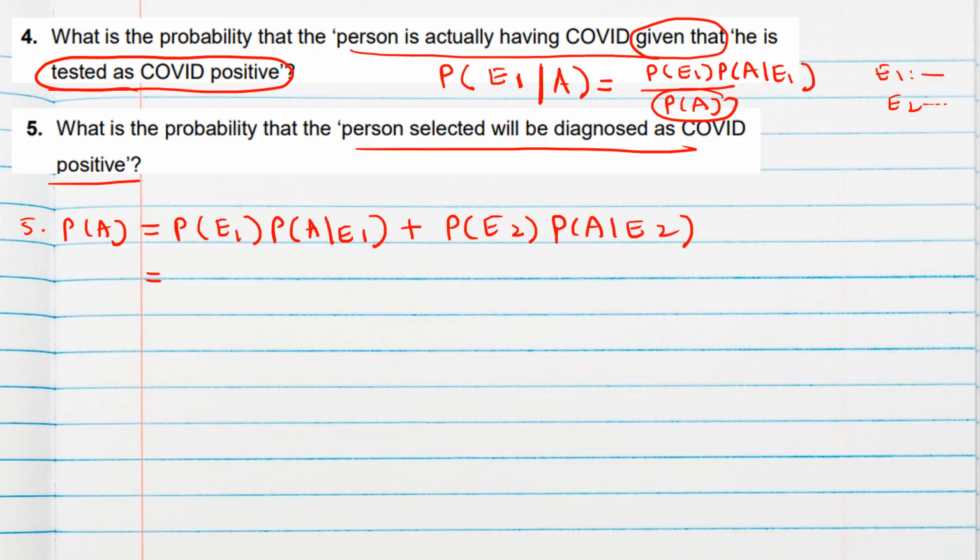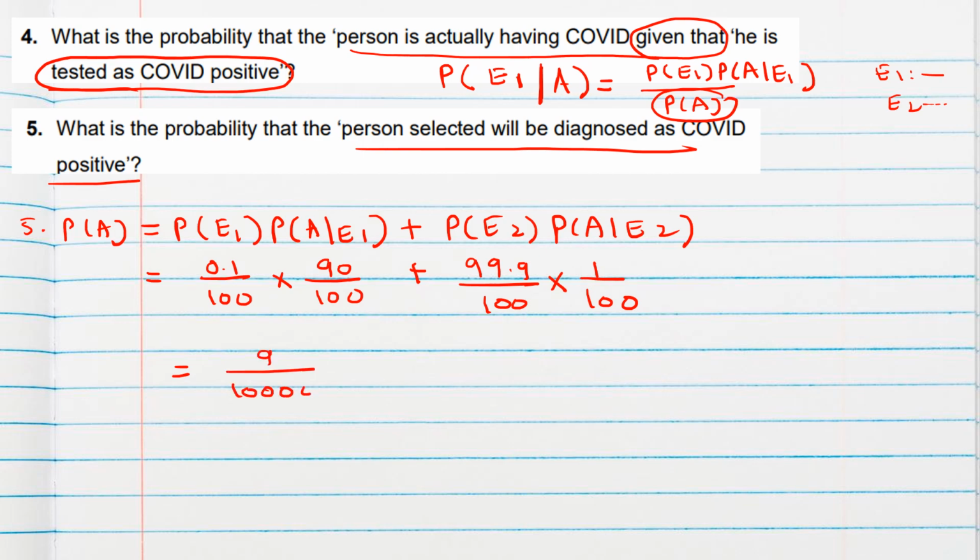P of E1 is 0.1%, having COVID, it is given. A by E1 is 90%. Plus E2, 99.9%, and A by E2 is 1%. Okay. So it will be 9 by 10,000 we can write, and this will be 99.9 by 10,000.